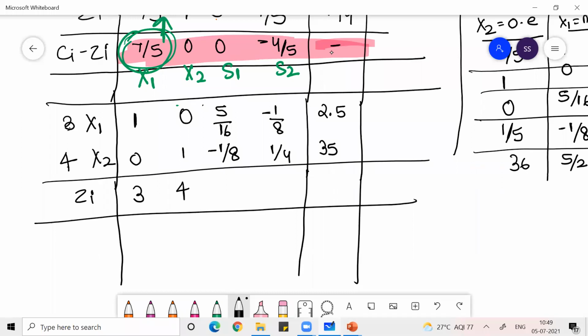Then for the third column, that would be 3 into 5 by 16, means 15 by 16. Then 4 into minus 1 by 8 means minus 1 by 2. So 15 by 16 minus 1 by 2, if you take 16 LCM, would be 15 minus 8, means 7 by 16.